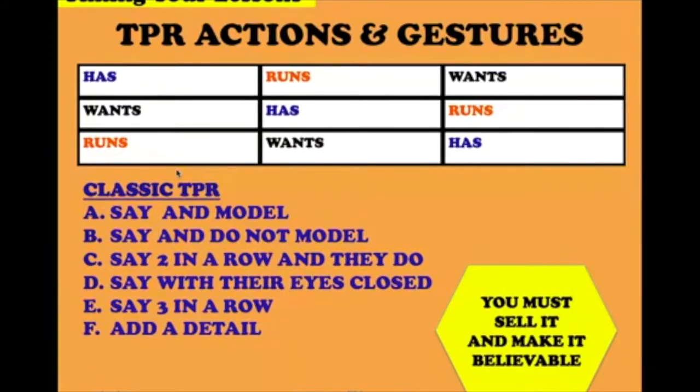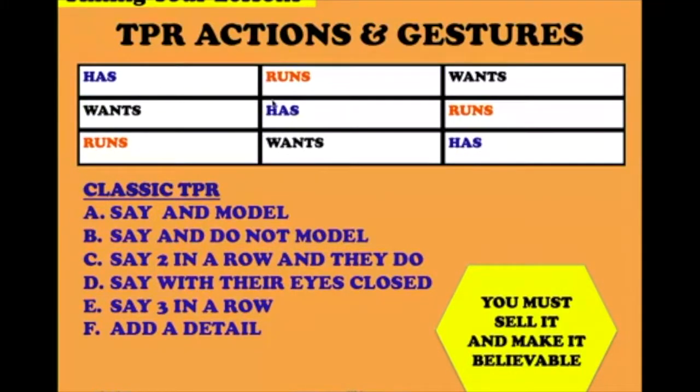So talking about TPR actions and gestures. So our TPR actions and gestures, this is just a classic TPR model. And I got a lot of this over the years from all different people, but this tic-tac-toe box, Terry Wiekert gave me this great idea, and I love using it. You can take any 3 words and fit them into this tic-tac-toe chart.